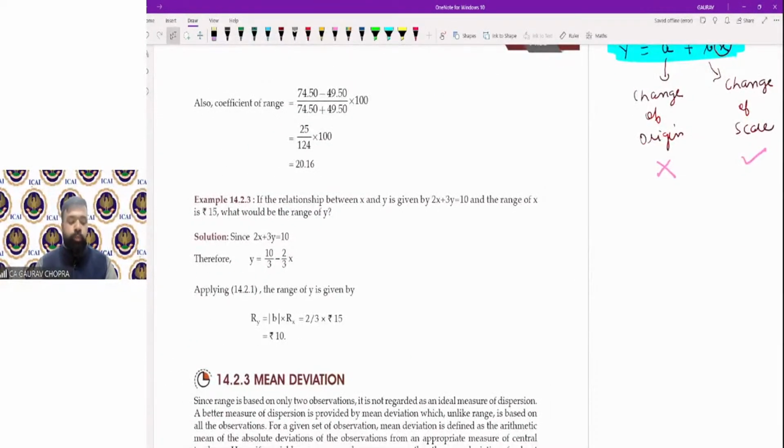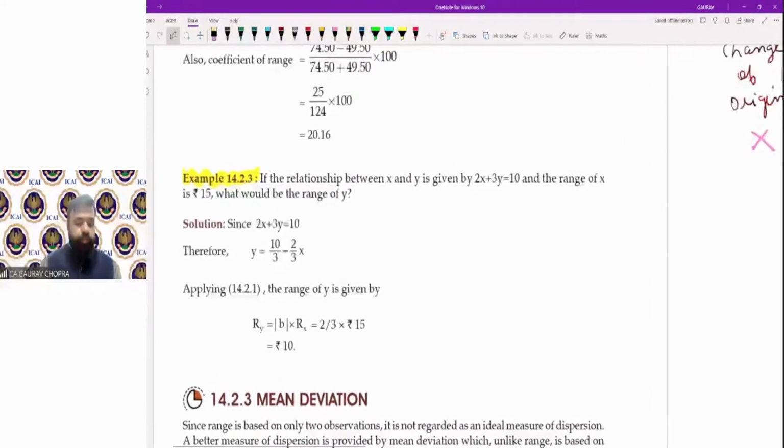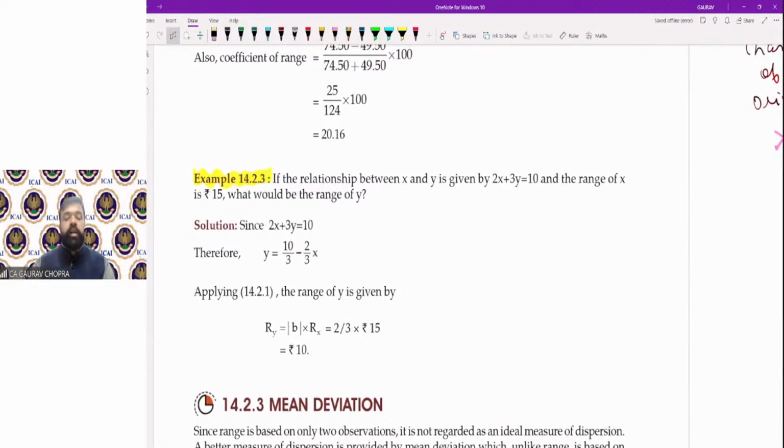Now let's take one more example, 14.2.3. The relationship between x and y is given by 2x plus 3y equal to 10. Range of x is 15. Find out the range of y. So the first step is to arrange the equation in the format. You have to arrange the equations in this format.